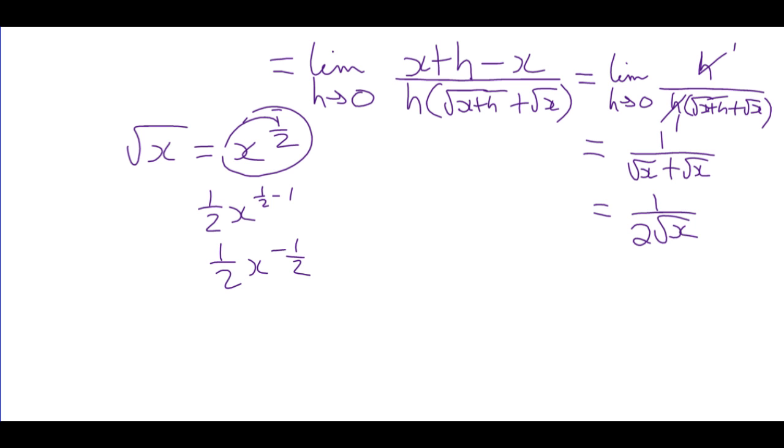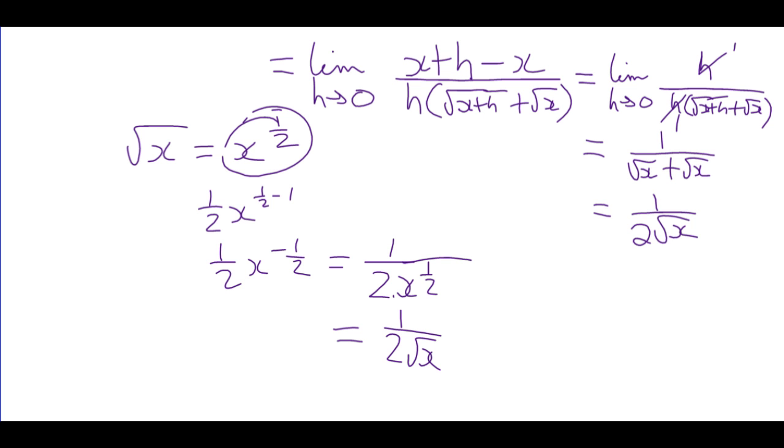What does a negative half do? It goes down to the bottom and becomes a positive 1/2. So x to the 1/2 is root x, and it's 1 over 2 root x.